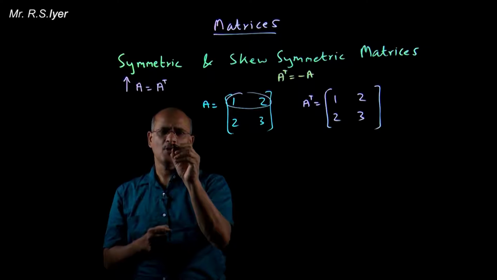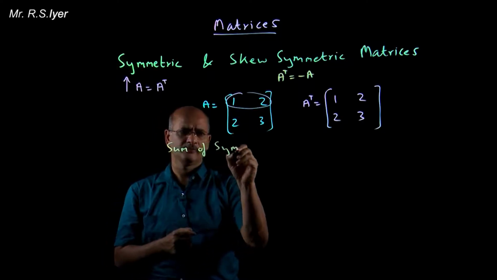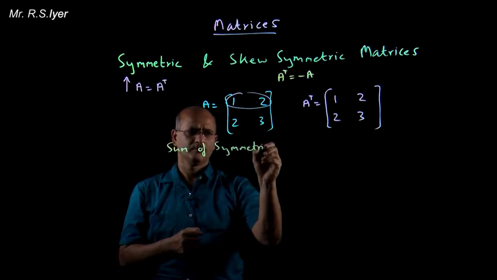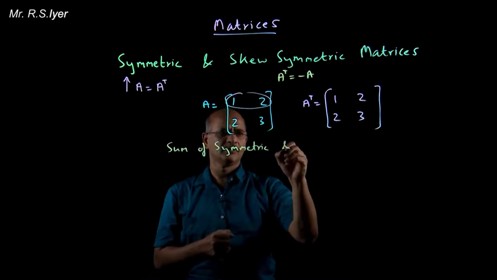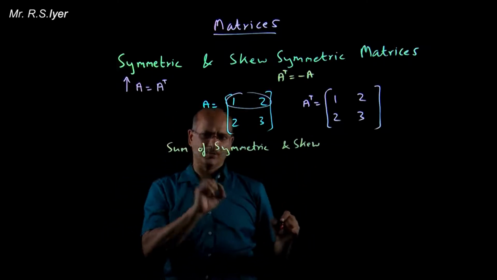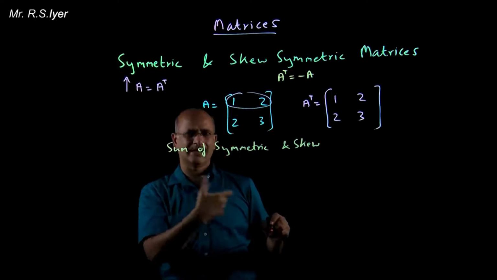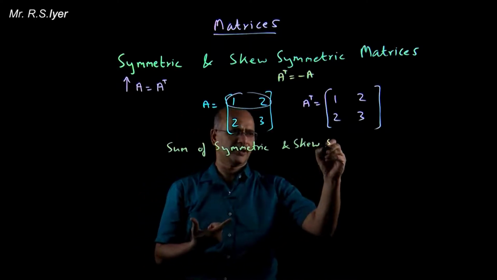Write down: sum of symmetric and skew symmetric matrix. Now, this part of the question had come in the board exam. They ask to express a matrix as a sum of symmetric and skew symmetric matrix. We will see the example of how we do it.